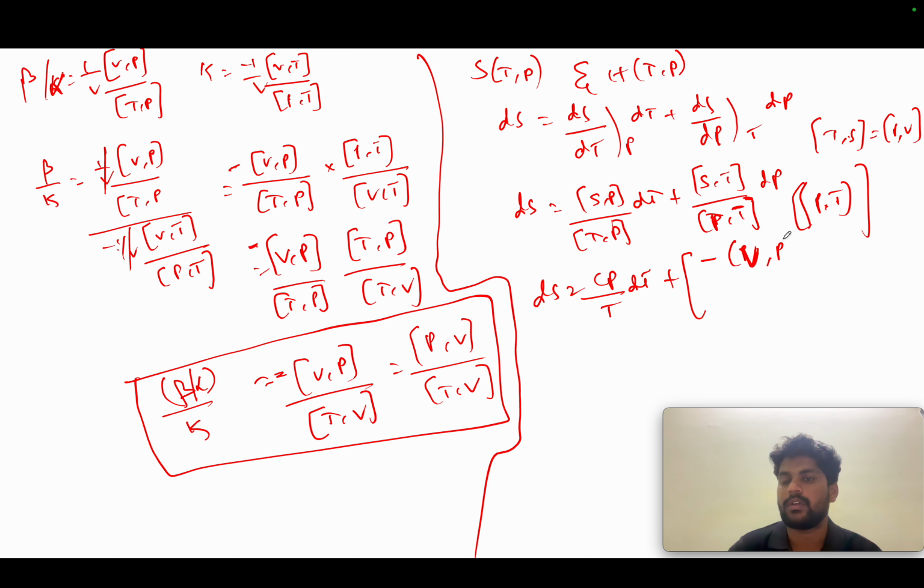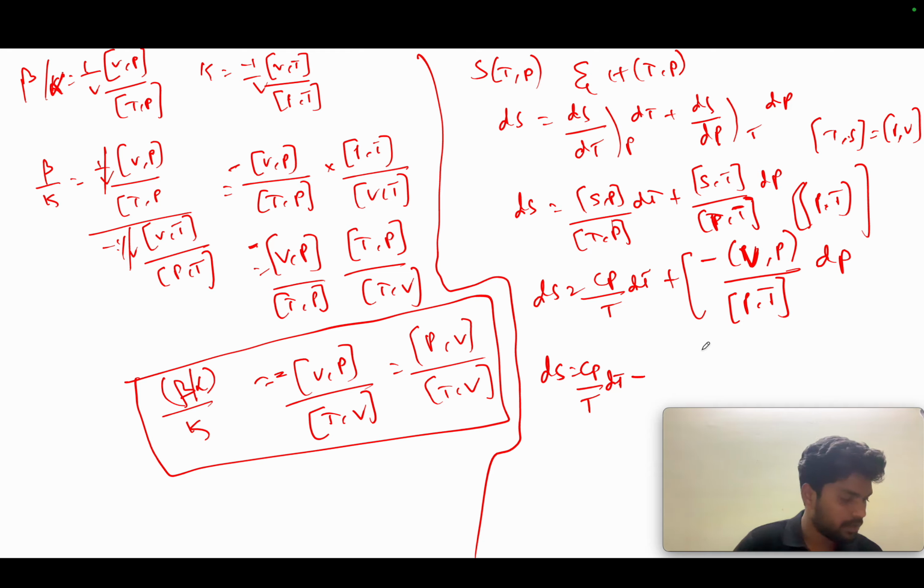So it will be (v, p) divided by (p, t) dp. So this will be cp by t dt minus, so now I will move this thing to this side, so minus minus will get cancelled. I think I am making some mistake here. It's still positive only.